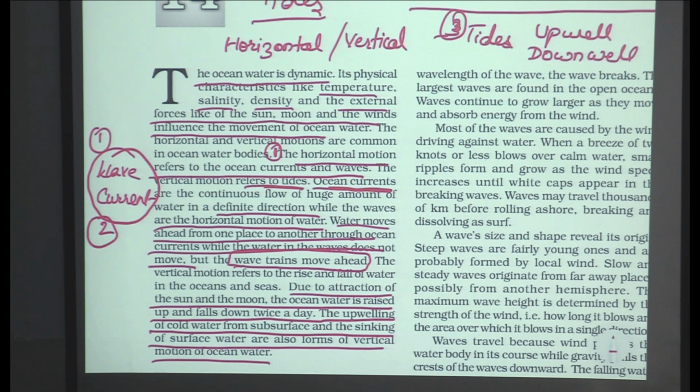But if we take the reference of the study, which is the oceanic current system, it comes very clear that the oceanic current system incorporates the study of upwell and downwell as well. Now we want to study each of the movements one by one. As per our NCERT, the first movement is the sea wave.